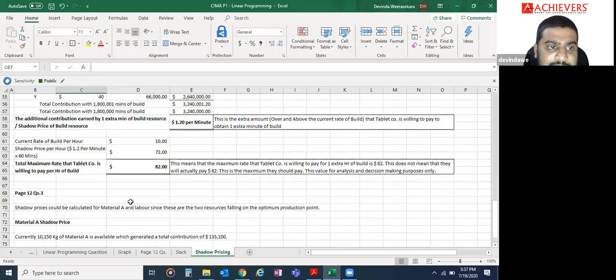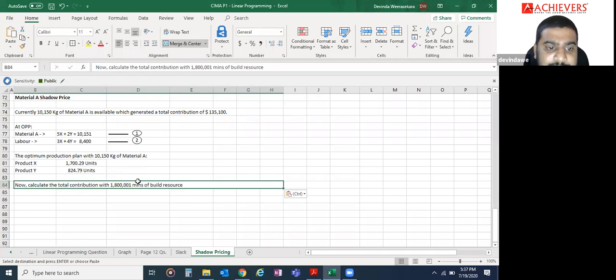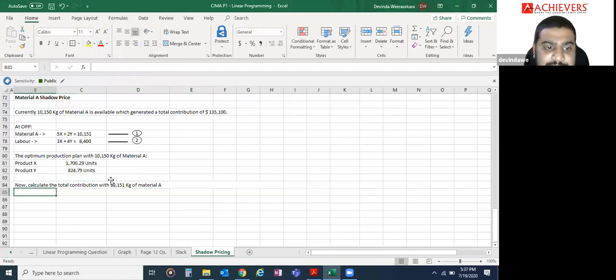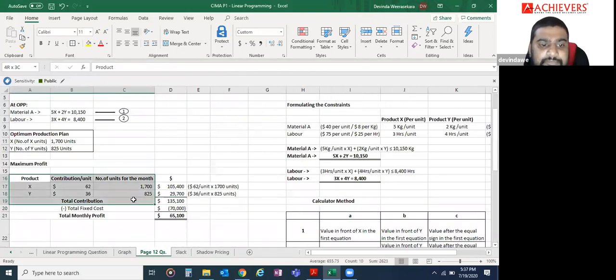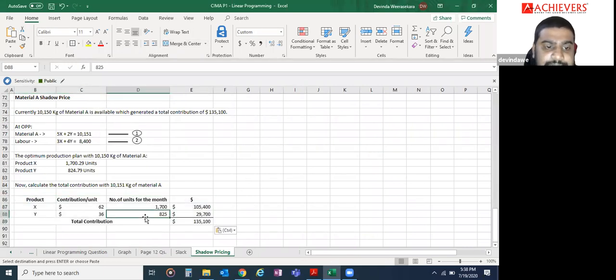So now let's calculate the total contribution with 10,151 kilos of material A. Contribution per unit of X is 62, Y is 36. We calculated that last week.